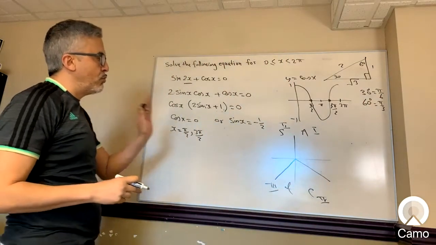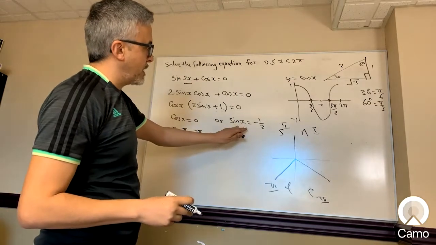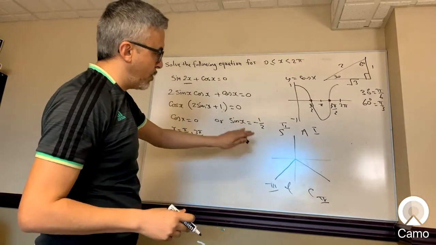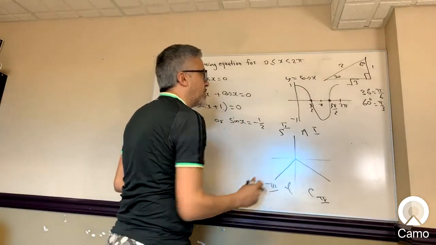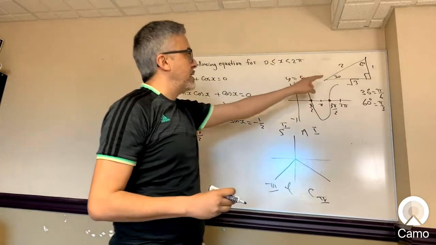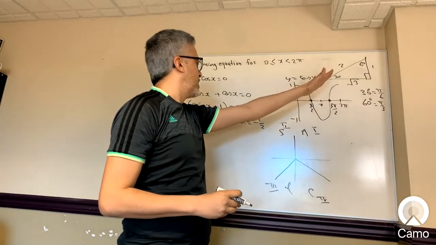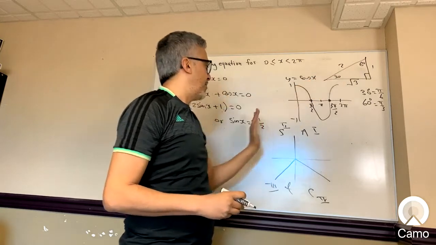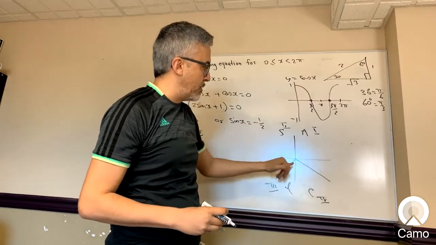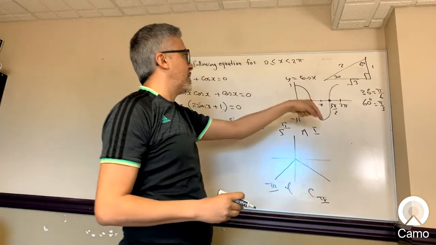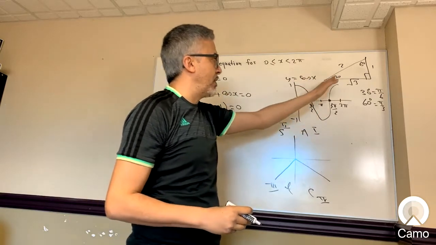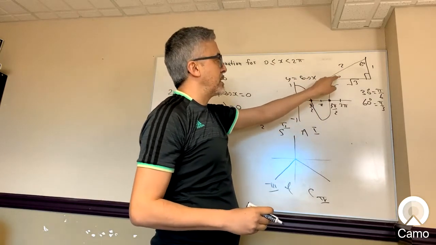Now for me to figure out sine x equals -1/2, I need to find my reference angle. All I need to do is ask myself which angle has a sine of 1/2. Ignore the negative. The negative just indicates that you're in the third and the fourth quadrant. Is it the 30 or the 60? 30, the sine of 30 is 1/2.